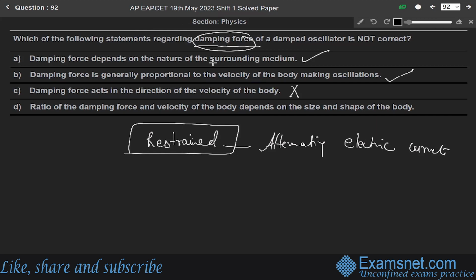That is, the force is always in the opposite direction of the velocity. The force for damping oscillations is always equal to minus b into v, where b is the damping constant. So statement C is the incorrect statement. Now D, that the ratio of damping force and the velocity of the body depends on the size and shape of the body, is also correct. So among these four options, C is the answer.